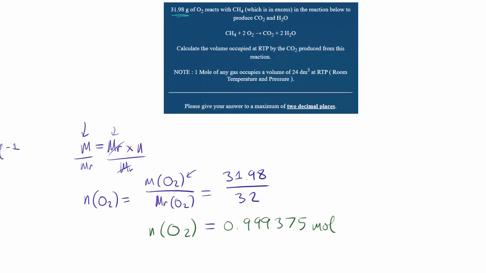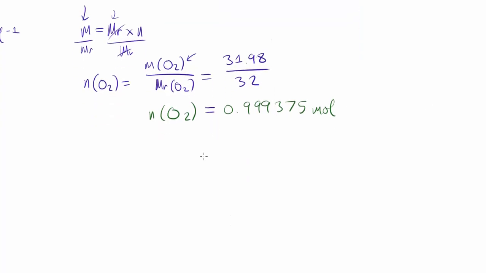When we look at the question, our goal that we're actually angling towards is figuring out the amount of substance for the carbon dioxide, and we can use the balanced equation to figure out how that compares to the amount of substance of the oxygen. So if I set up a ratio here, the number of moles of oxygen compared to the number of moles of CO2, right?